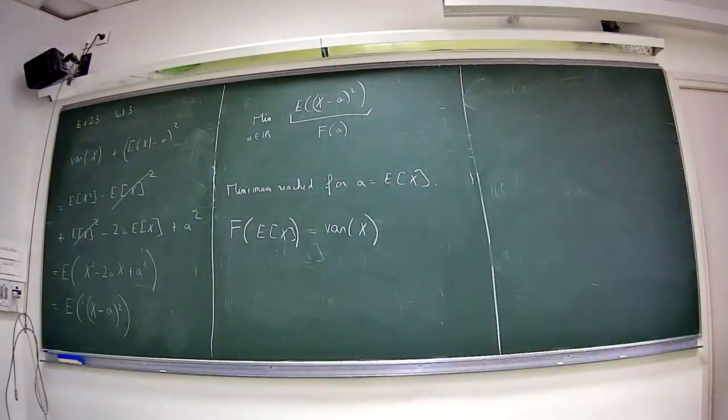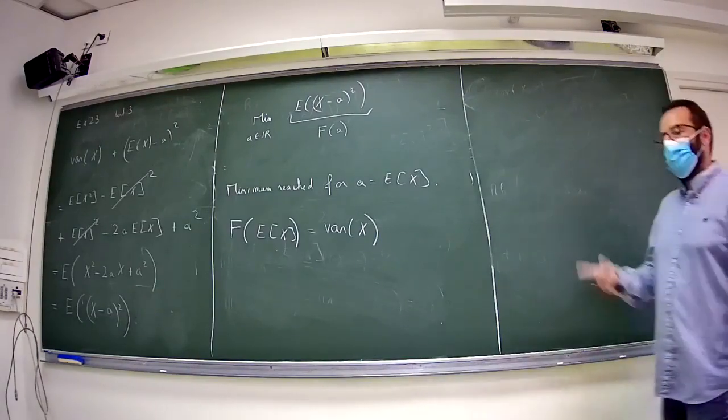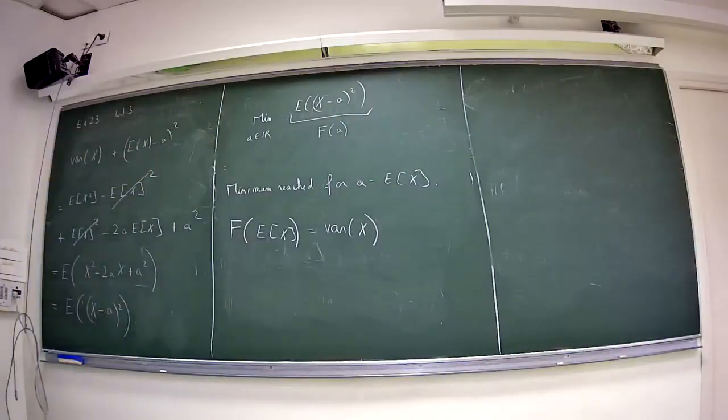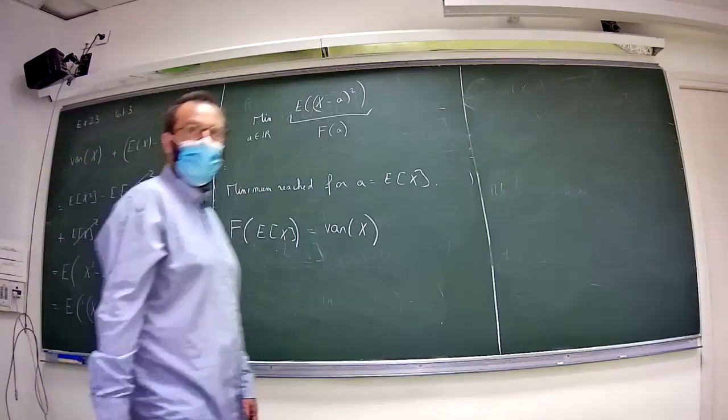And what is more, in order to quantify the quality of my approximation, that is, what is the minimum I obtain here, I see that the minimum is given by the variance. So if you have a variance that is very small, you will have, let's say, a good approximation. If you have a large variance, you will have a bad approximation.